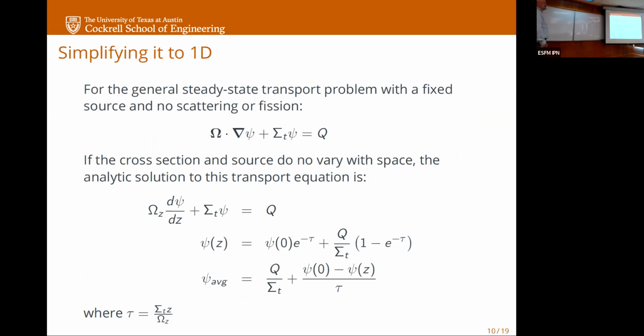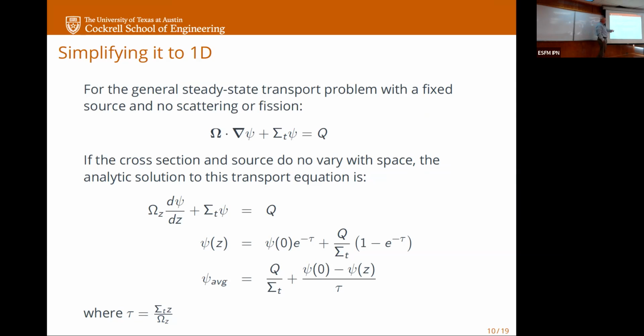But with transport, one of the things that's easy to see is, let's go back to our analytic type of approximation. If we just had the steady state fixed source L psi equals Q operator, and we said, let's define a problem so there's no scattering, no fission, no time dependence, and everything is in one dimension, so it's uniform, infinitely large and uniform perpendicular to that direction.